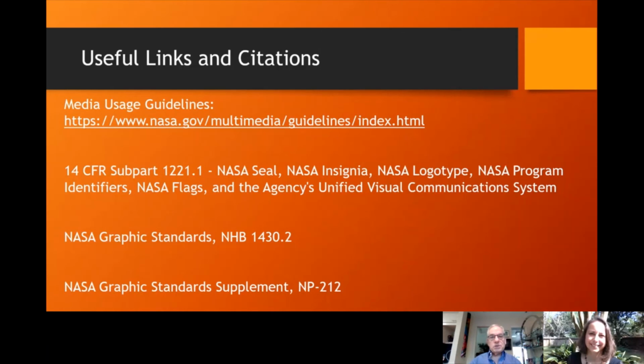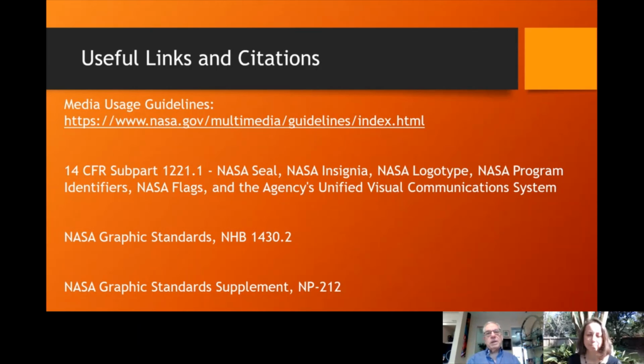There's laws against misstating a relationship to NASA. You'll see ads sometimes for articles that were developed by NASA, which are not true, and the agency, to the extent it can, will send you a cease and desist order.